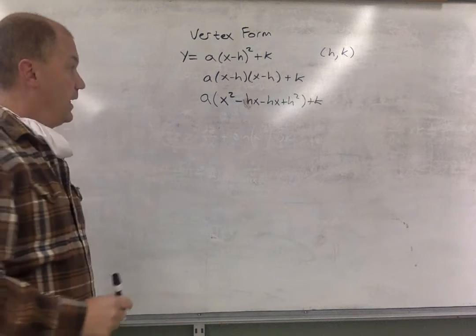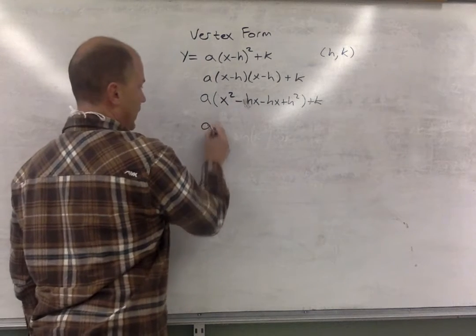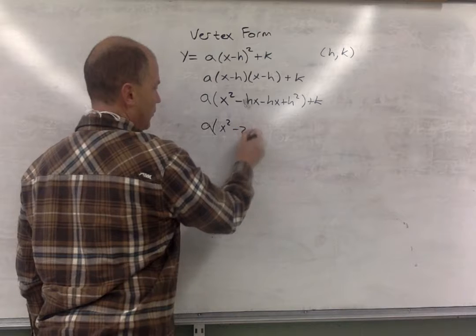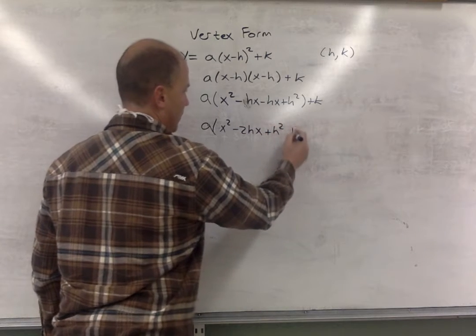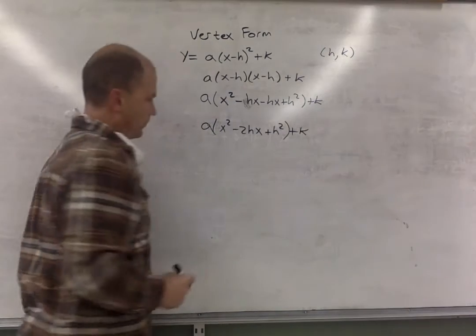And then we can combine the terms and we get a(x squared minus 2hx plus h squared) plus k.